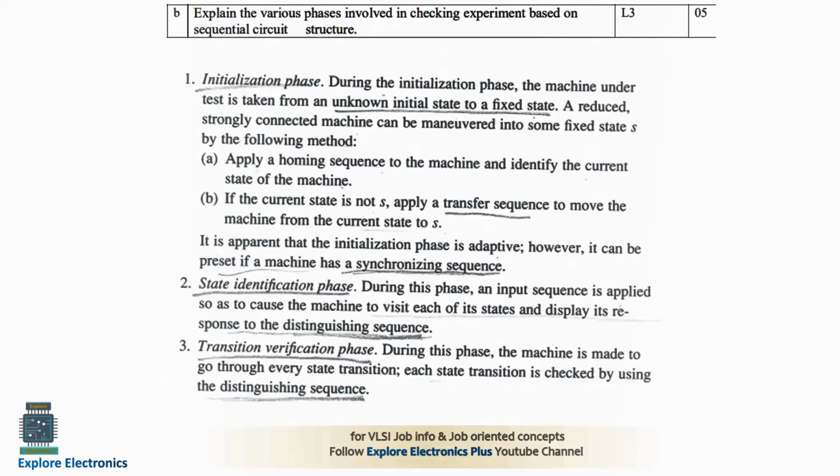Then we have a state identification phase, in which an input sequence is applied so as to cause the machine to visit each of its states and display its response to the distinguishing sequence. And then we have the transition verification phase. In this phase, the machine is made to go through every state transition. Each state transition is checked by using the distinguishing sequence. These are the three phases of a checking experiment based on sequential circuit structure.